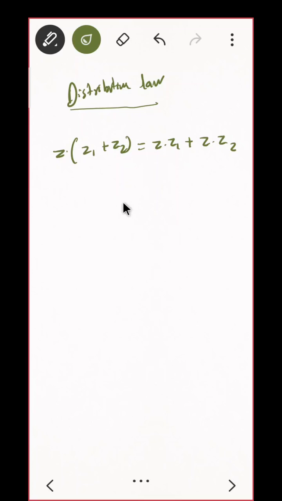So now the next thing is that, if you are given a z, can you find some z inverse such that z into z inverse is equal to 1? The question is this: can you find inverse in complex numbers?